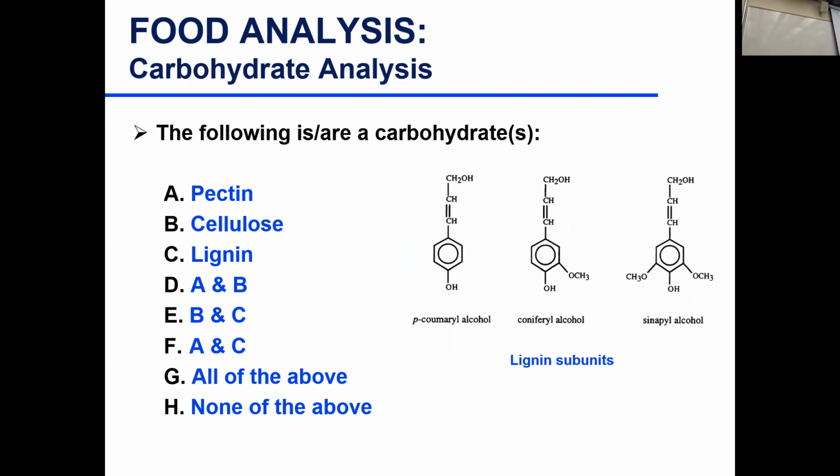These are the building blocks of lignin. It's not digested by our body, by the digestive system, and it's present in plant origin material. Therefore, it is under the dietary fiber component. But not everything in dietary fiber is carbohydrate. So lignin is not carbohydrate. Pectin and cellulose are because they have sugar building blocks.